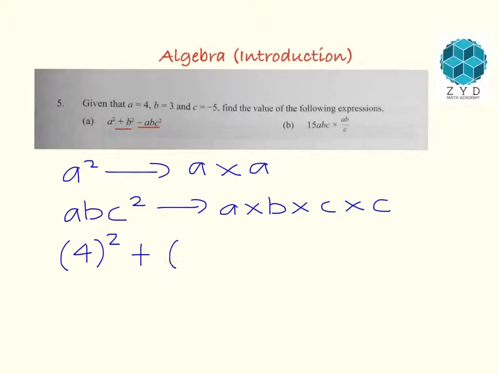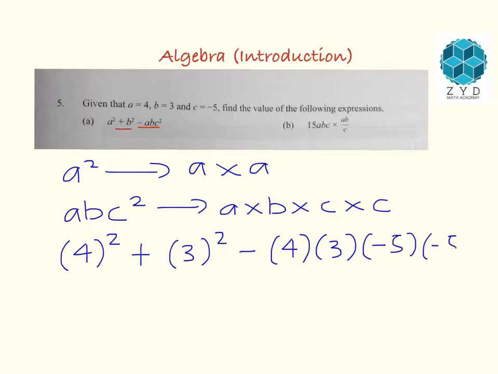B is 3, so I have put a 3 in the bracket with a square outside, and not forgetting my negative sign, followed by a, which is 4, b is 3, and c is minus 5. So this is my minus 5, minus 5.